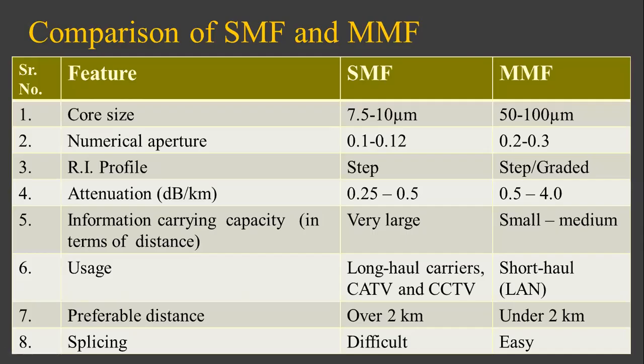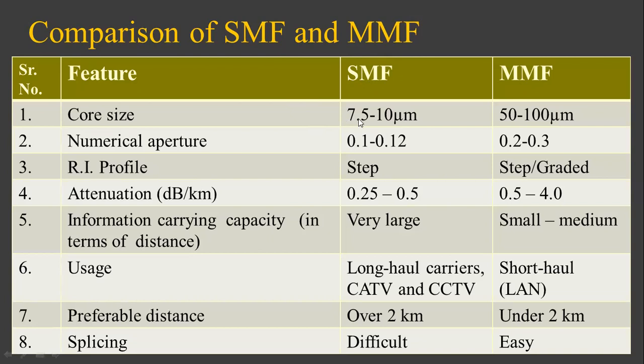And here is the comparison of SMF and MMF. SMF means the single mode fiber, and MMF means the multi-mode fiber. So we are comparing the features of single mode fiber and multi-mode fiber. So the first parameter is the core size.